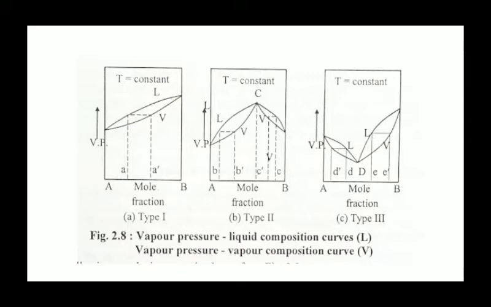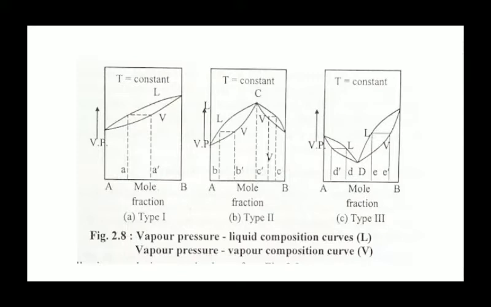The same explanation may be offered for all mixtures between A and C in type second. For this reason, all mixtures between A and C must have vapor richer in B than the solution phase.